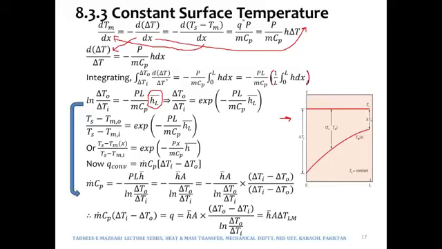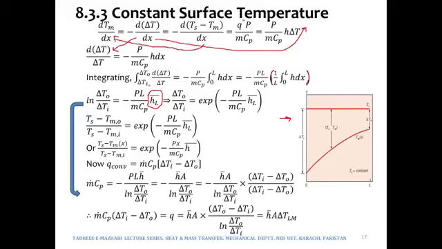The integral of 1 over x dx is log of x, because upon differentiating log of x we get 1 over x. And what is x over here? X is in fact delta T, or you may call it y, it doesn't make any difference.